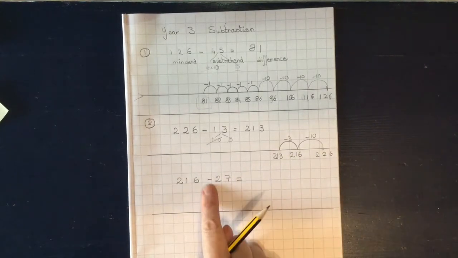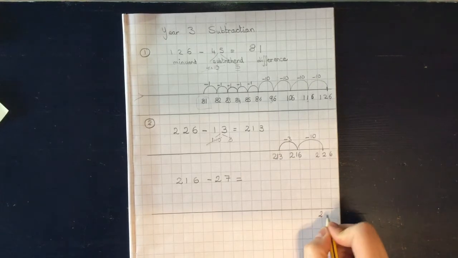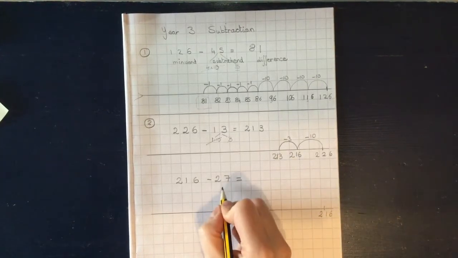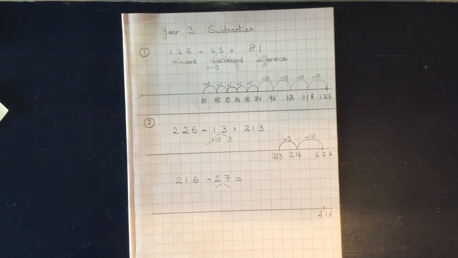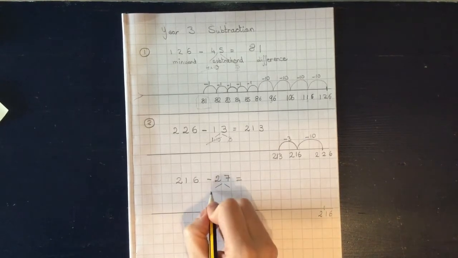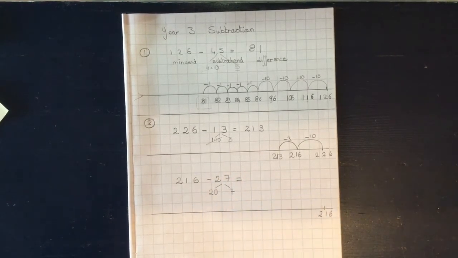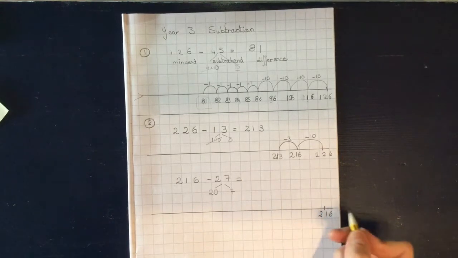As we are subtracting, we write our minuend at the end of our number line, 216, there it is. Now, let's partition our subtrahend. So 27 is made of 20 and 7. So our first jump, we do the big jumps first.